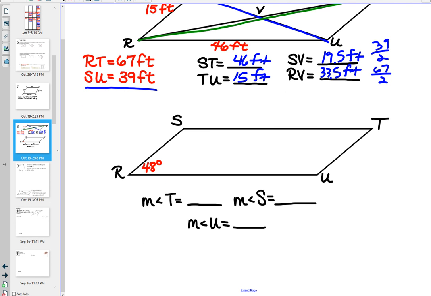Measure of angle T. Okay, so now we're looking for angles. What did we learn about angles of a parallelogram yesterday, and we went home and reviewed it and studied it. Don't say they are congruent, that's not specific. Which angles?